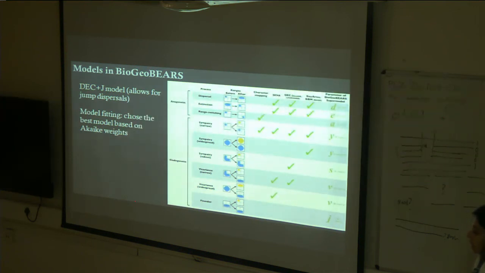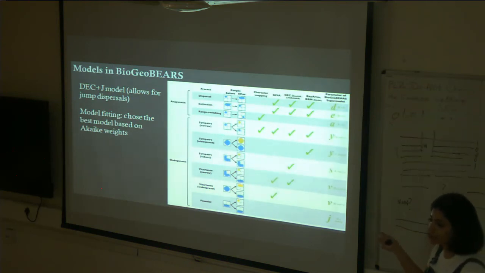So the way to use BioGeoBEARS is not to blindly run all these 3 models on your data set. You first understand the group. If it's a very young group, you can use any of the other models, or if vicariance doesn't come into play in your group, then don't use one that allows for vicariance. You can use another model.